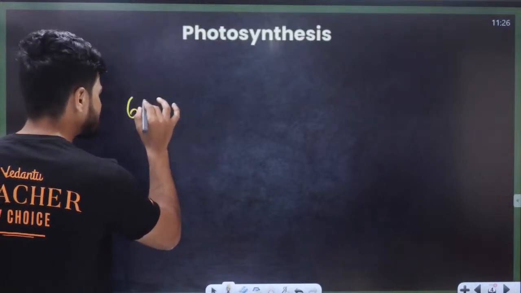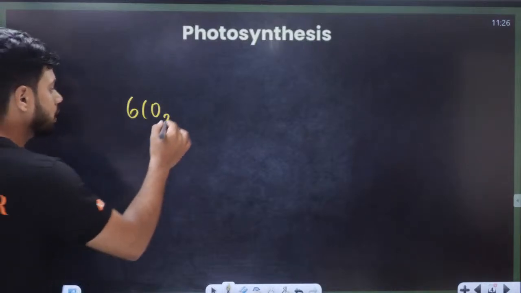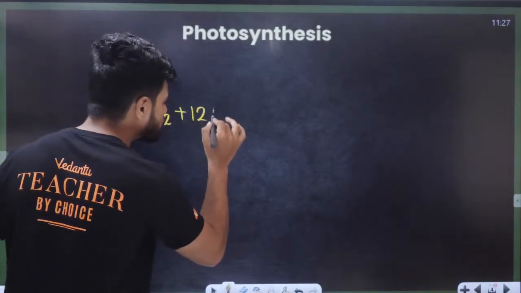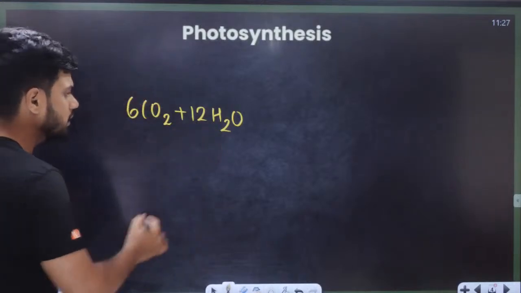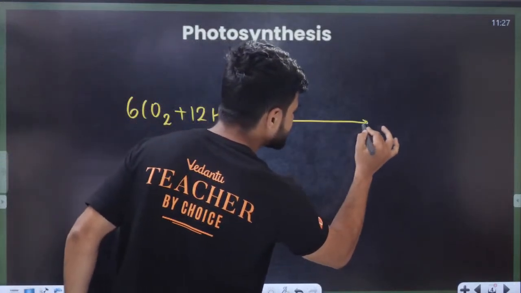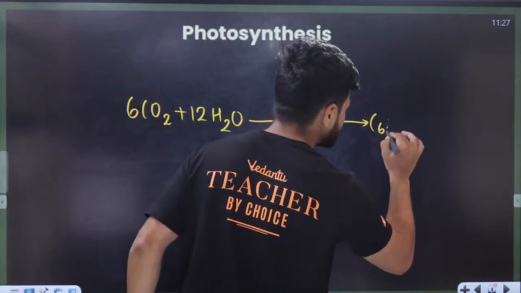That is 6CO2. So plants are taking in CO2. Plants also require hydrogen, yes or no? Plants require hydrogen, that is coming in the form of water. It is getting converted to what, students? Glucose, yes or no?